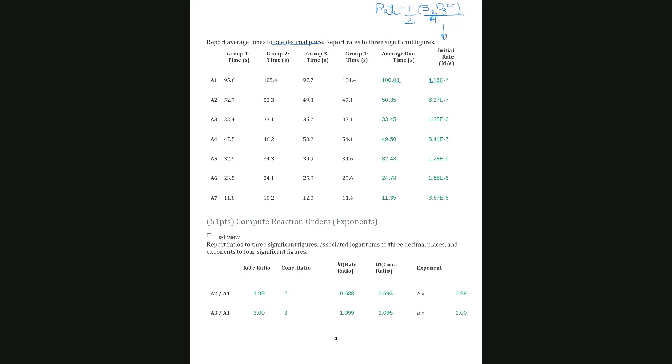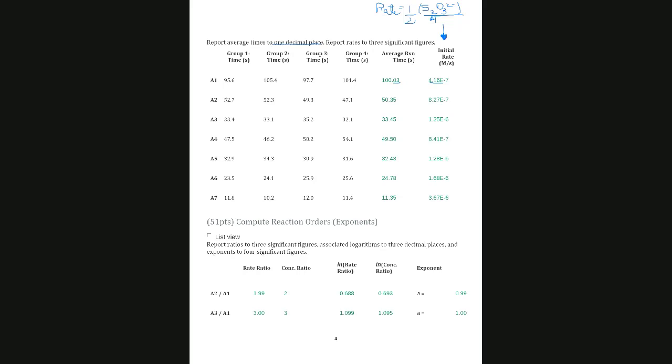Everybody understood how to use this formula to calculate this table? I might need extra help once you're done with helping everyone else. Of course, when we finish this, I'll stop the recording and I'll stay because I understand this is a lot of calculations. So I'll be happy to stay.